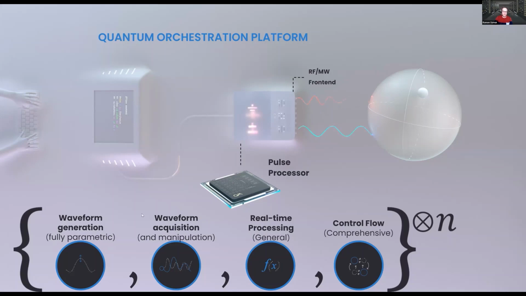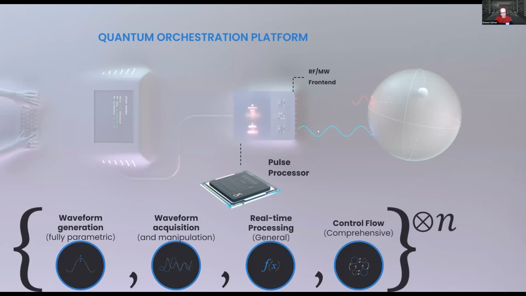Then there is waveform and data acquisition in general and manipulation. Signals can be acquired by the pulse processor via the ADCs in the RF microwave frontend, demodulated, integrated, treated in real time.